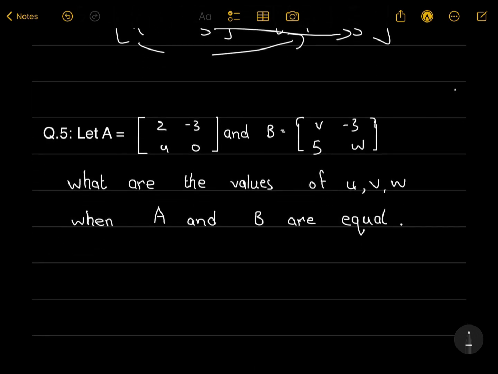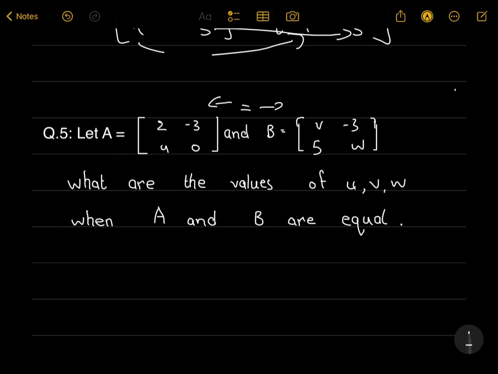The next question says, if A is equal to this matrix and B is equal to this matrix, what are the values of U, V, W when A and B are equal?